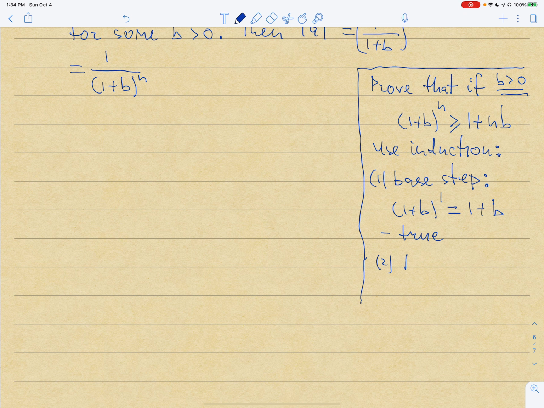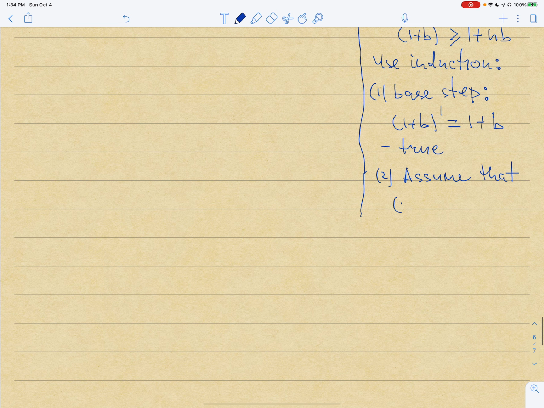Induction step, we're going to assume that (1 + b)^n is bigger than 1 + nb. And I need to show the same thing for (1 + b)^(n+1).